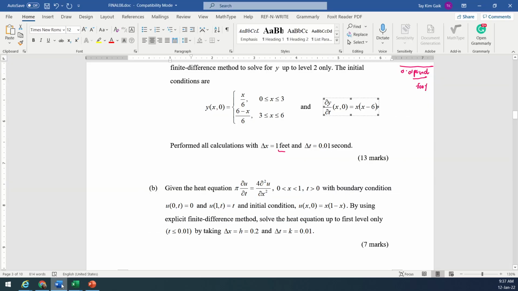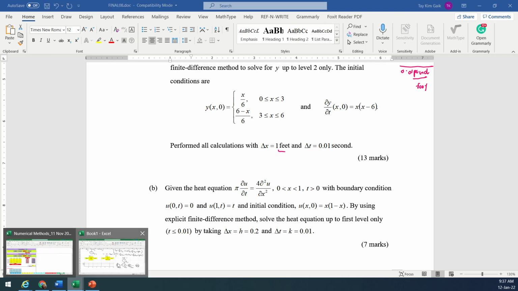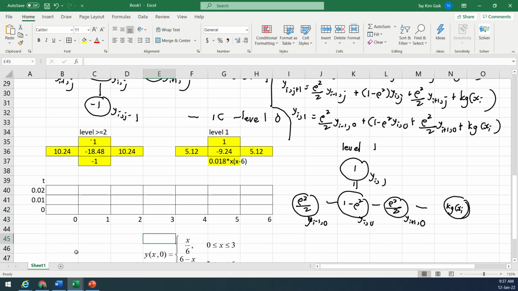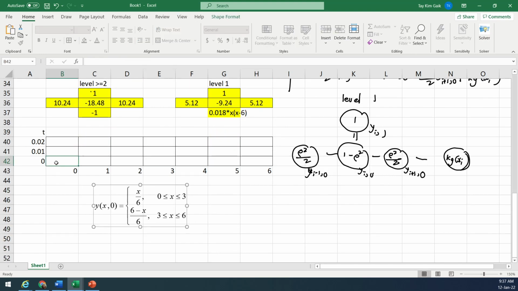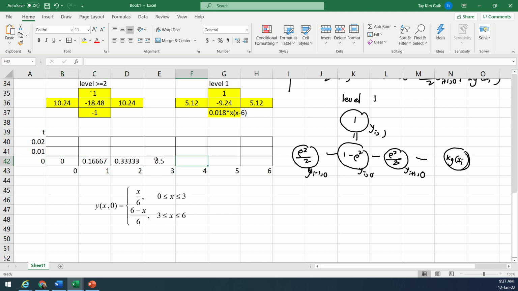And then the initial conditions you have here. Initial conditions for x from 0 to 3 are given by the function x divided by 6. So this is x divided by 6, up to 3, so 0.5.